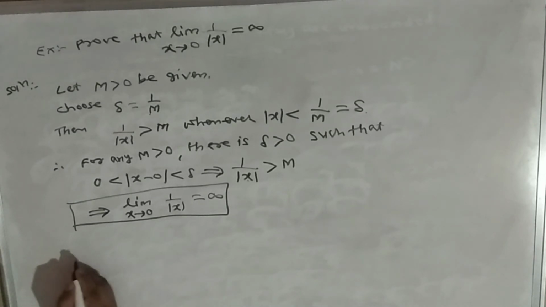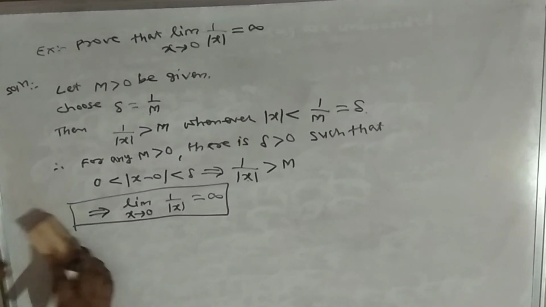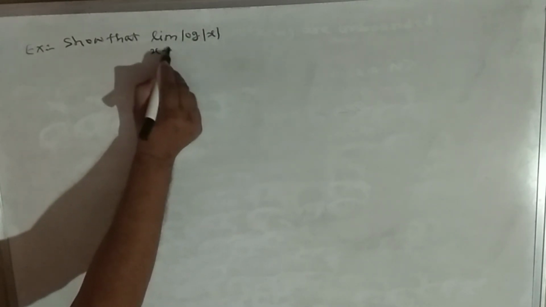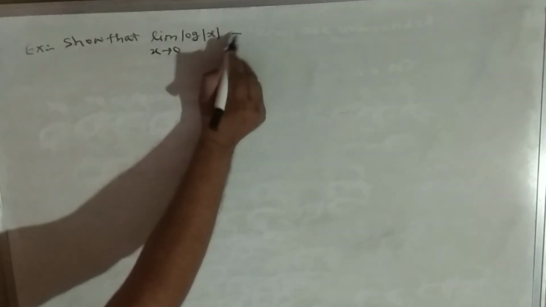So another problem is, keep in mind these results. These are very important results. Show that the limit of the function log of mod x as x tends to 0 is equal to minus infinity.